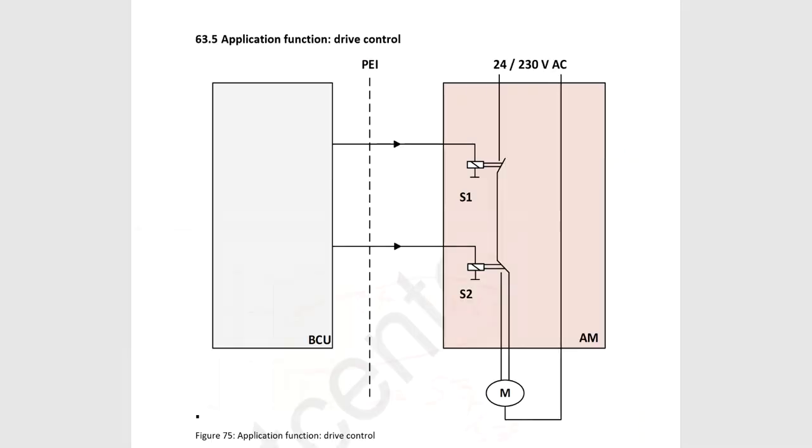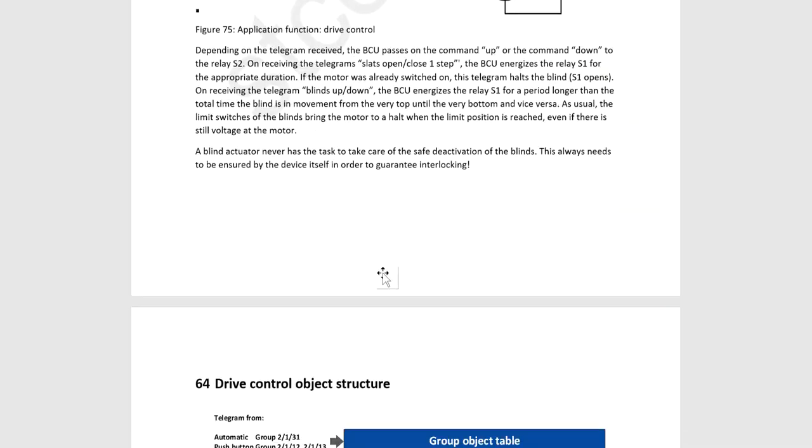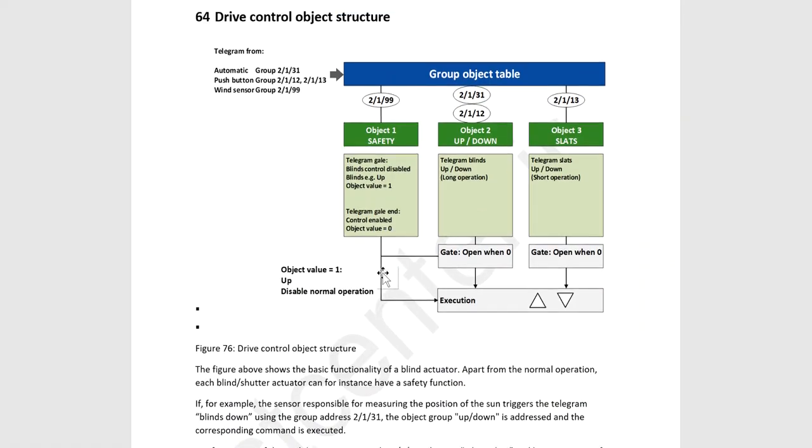Great. Now we can go to ETS, but before that you can see the group addresses here. Also in the group addresses that the book prepared for you, there are some objects for safety.